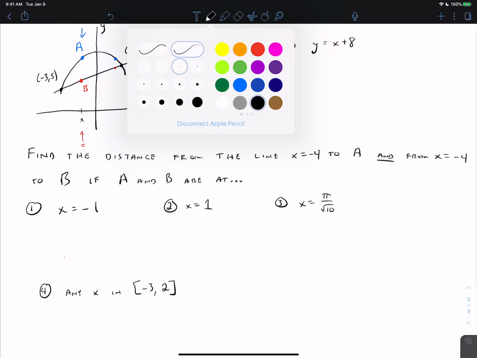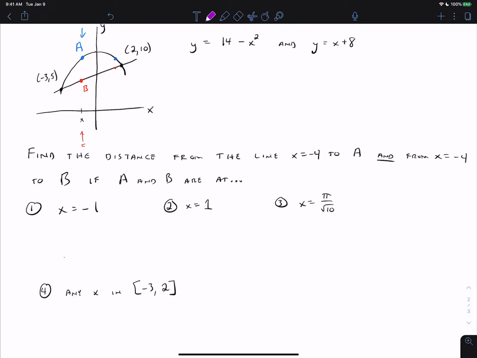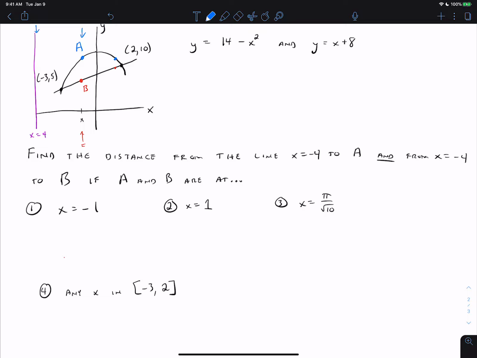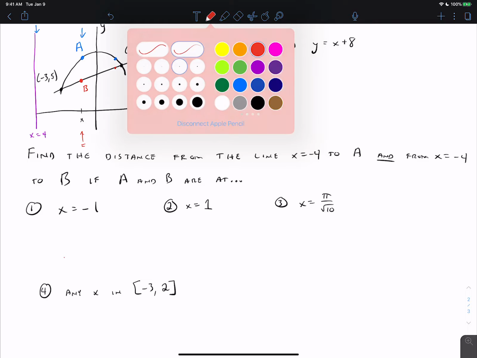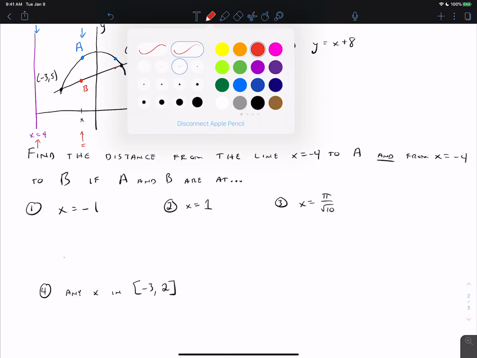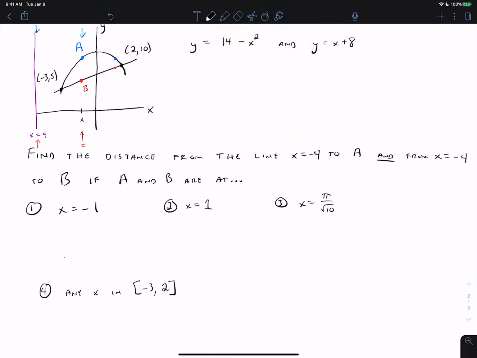Okay, so x equals -4 is a vertical line over here somewhere, probably not quite as far as I've drawn it. For A and B, we're looking at horizontal distances. We're looking at the distance from the right x to the left x, so we do right x minus left x. They're the same on both of these.